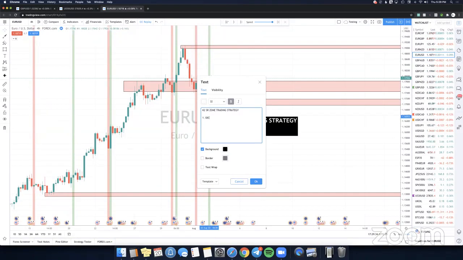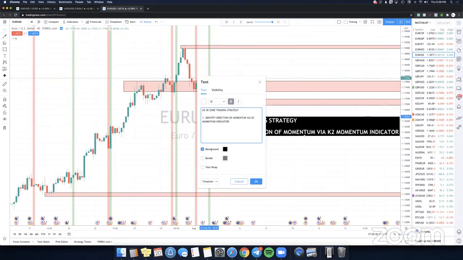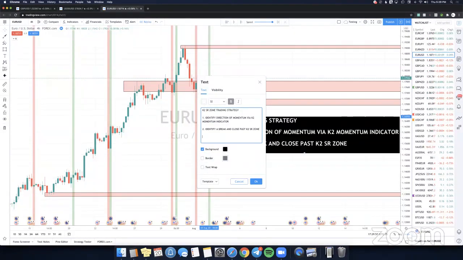So for one, you want to identify direction of momentum via the K2 momentum indicator. Next, identify a break and close past a K2SR level or K2SR zone. And then lastly, you can enter on the open of the following candle.